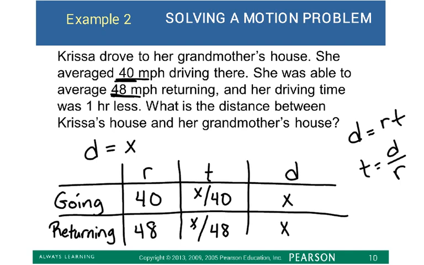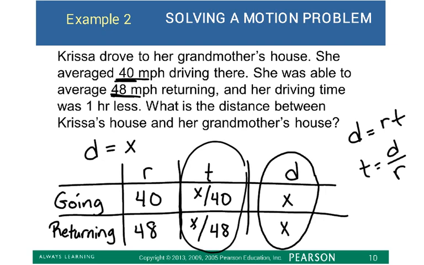And let's go back to the problem. It says, what is the distance between Carissa's house and her grandmother's house? Well, this isn't going to get us much of anywhere. But with this column right here, what we're going to do is set up an equation. It says she was able to average 48 miles per hour returning, and her driving time was 1 hour less.